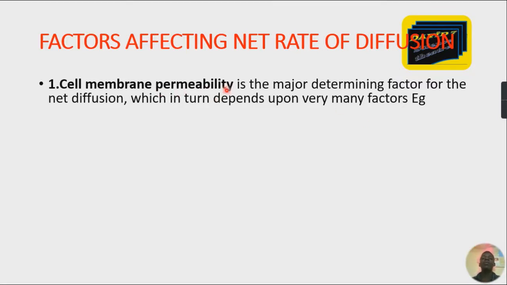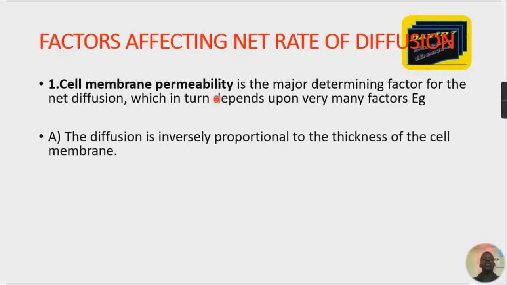Cell membrane permeability depends on several factors. For example, the thickness of the membrane. Permeability is inversely proportional to the thickness of the cell membrane. If the membrane is thicker, the rate of diffusion reduces.